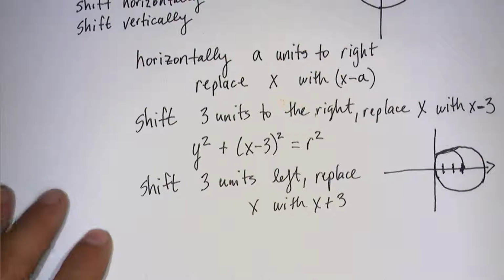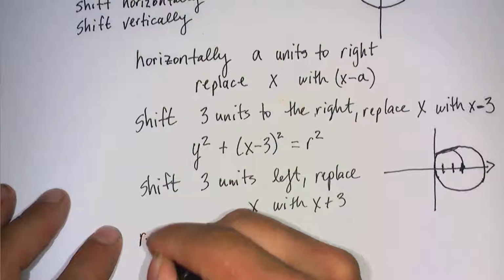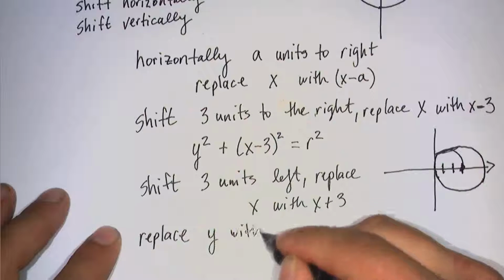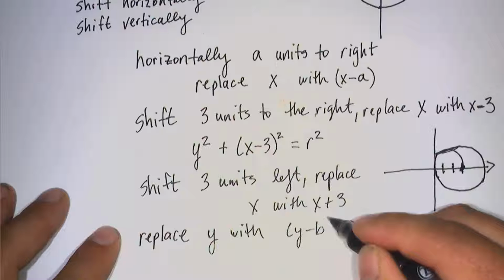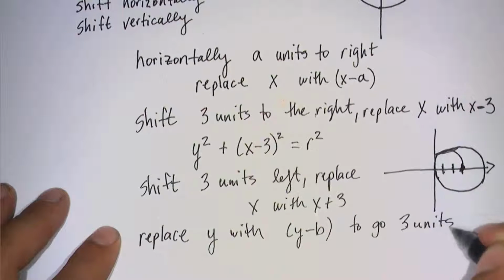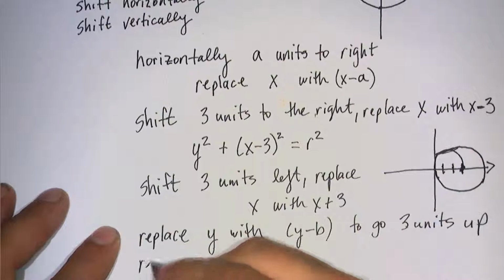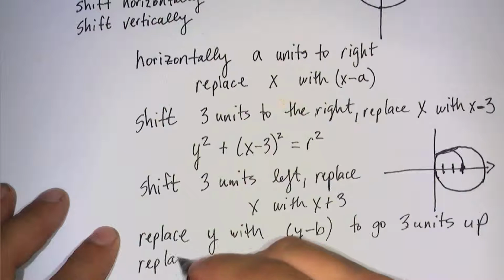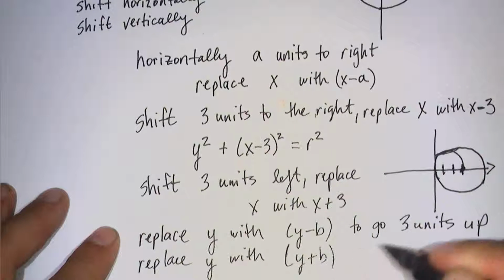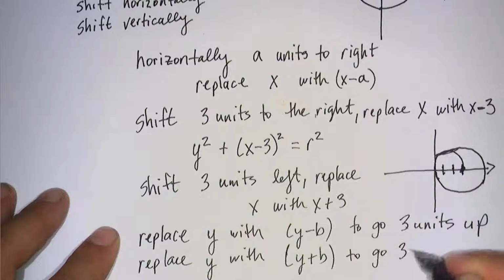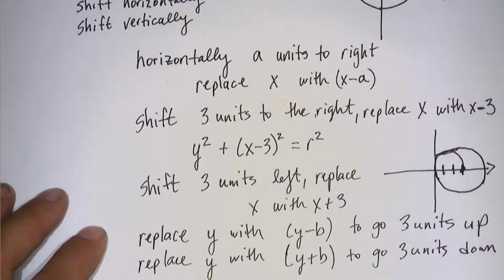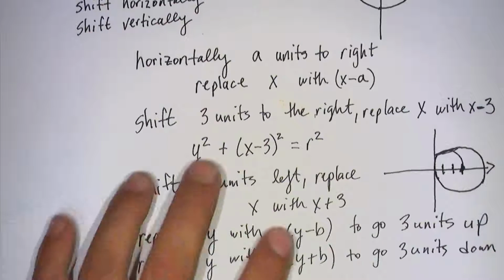The only difference is we replace y with y minus b to go up, and we replace y with y plus b to go down. Now this doesn't work just for circles, it works for any kind of equation in y and x. Okay? So this is a transformation.